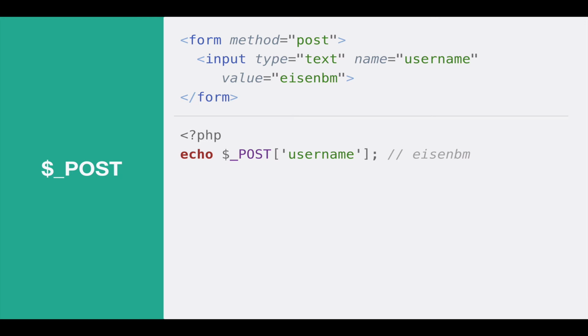On the PHP side, once the form has been submitted, you can retrieve the post value using the $_POST array and then the name of the input, in this case username, and that will give you the value. Very similar to what we did with get, only using a different protocol. Okay, so that's post.